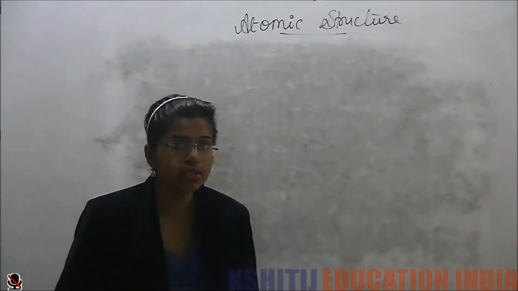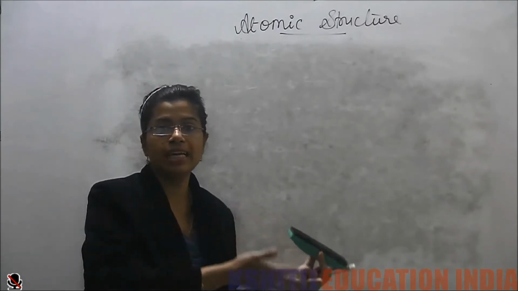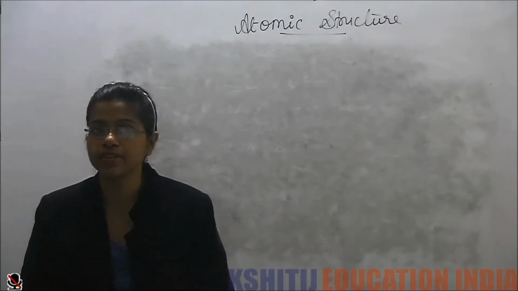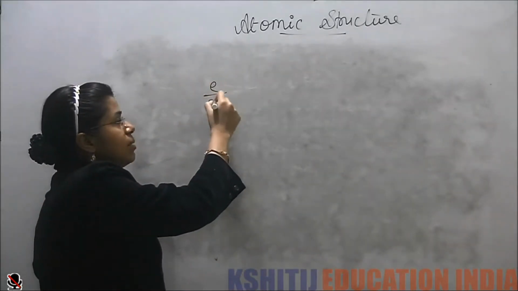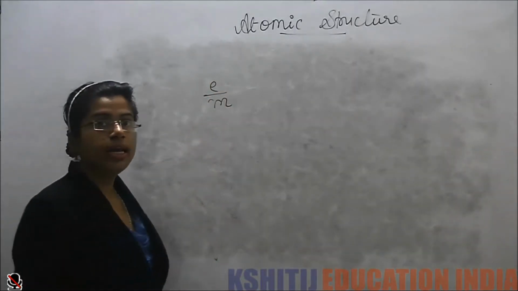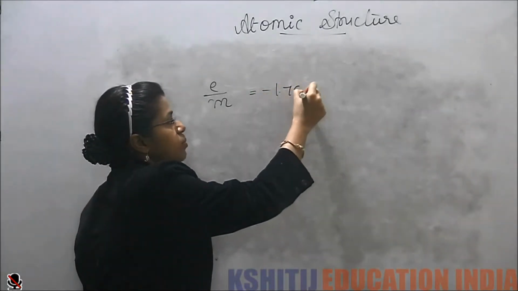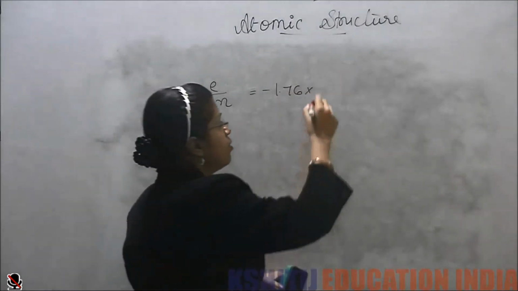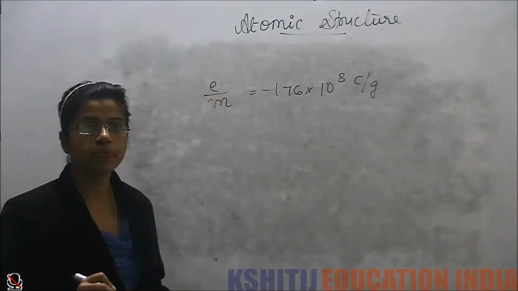And how did he do so? By studying the deflection of the cathode rays in the electric and the magnetic field. And he found that the e by m ratio for the electron came approximately minus 1.76 × 10^8 coulomb per gram. Okay.